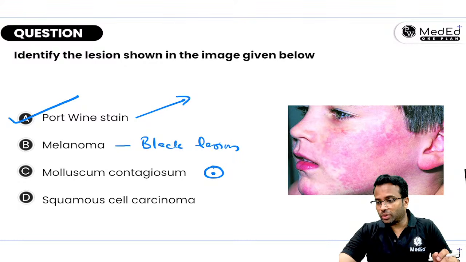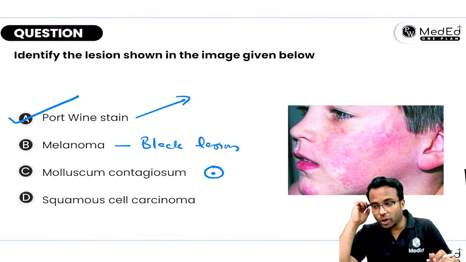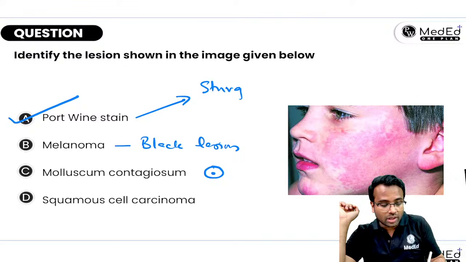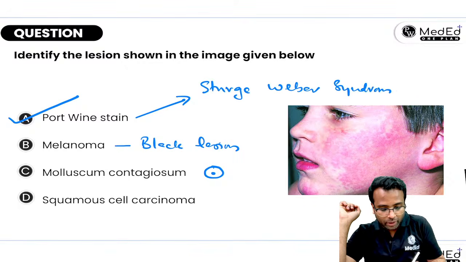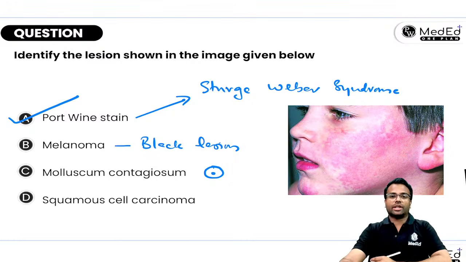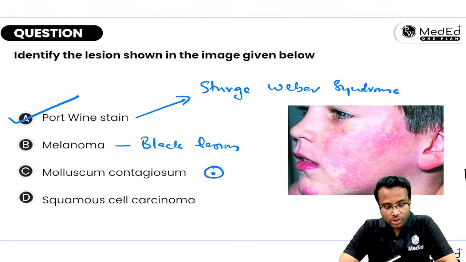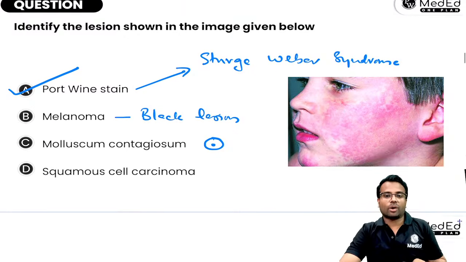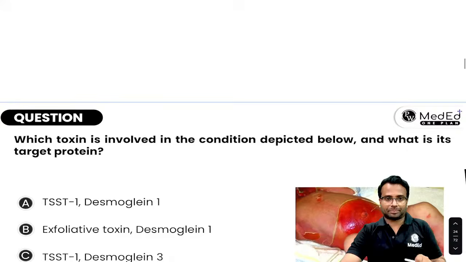Encephalotrigeminal angiomatosis. Very good, Hylock. The name of the syndrome is Sturge-Weber syndrome, where you can see tram track calcifications in the CT scan. Very good, Rangesh. Excellent. Now we are moving to the next question.